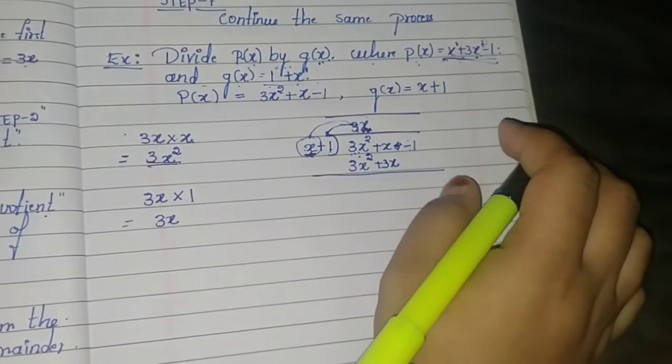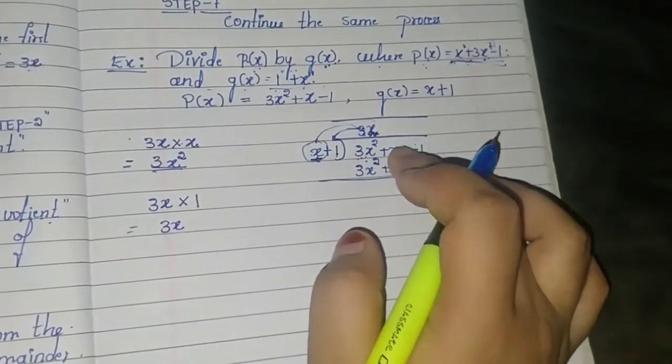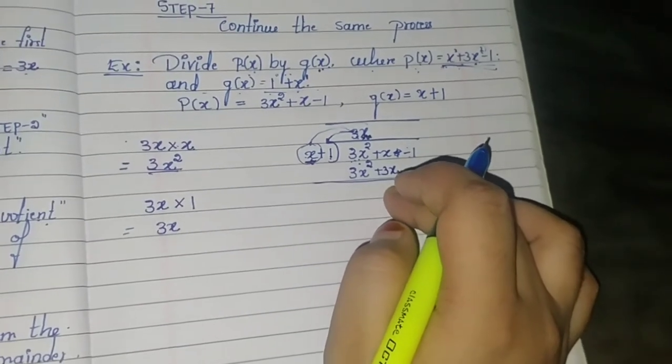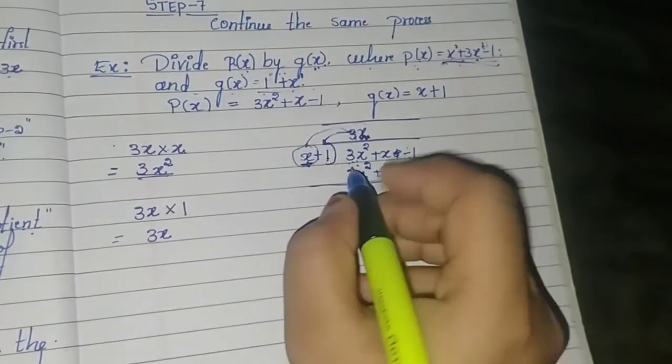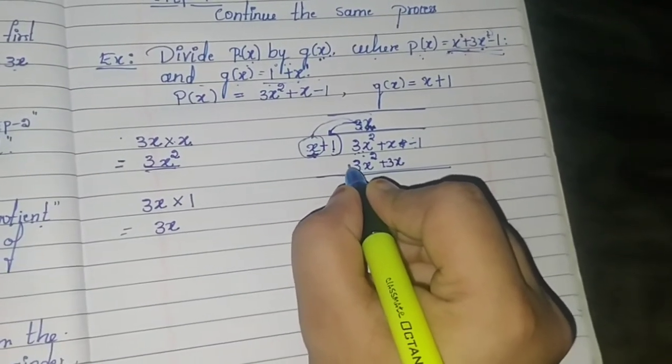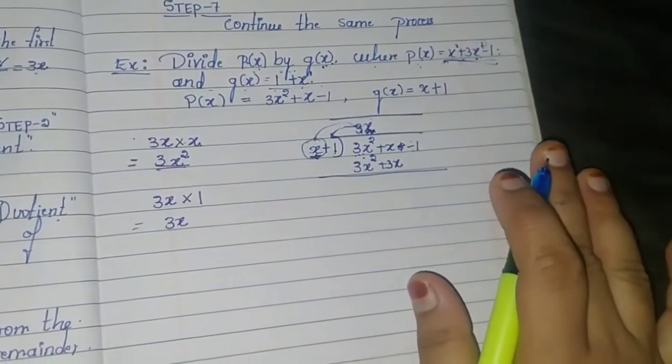Now you have to subtract this product. In order to subtract, you have to change the sign. If it is plus, you take minus; if it is minus, you take plus.